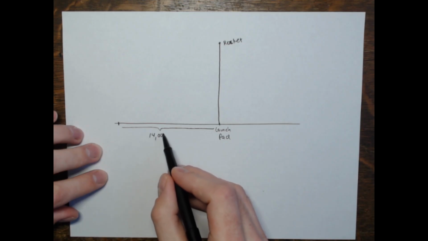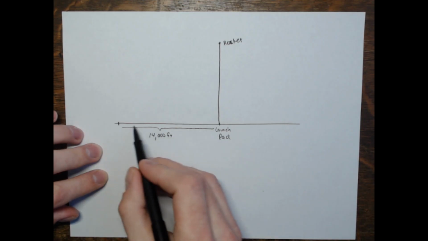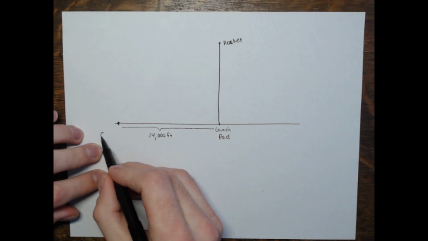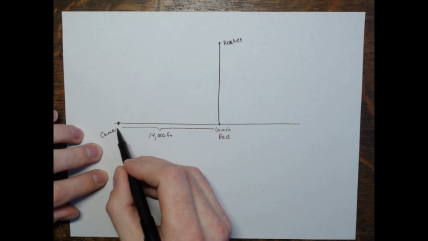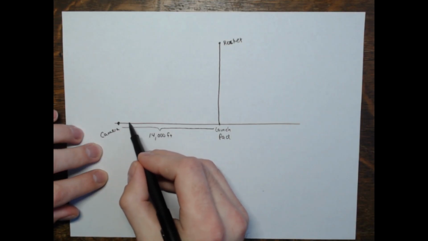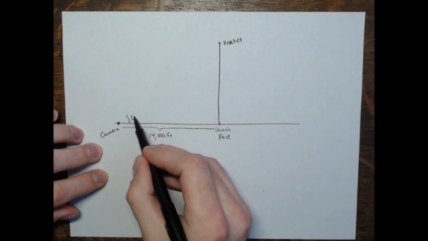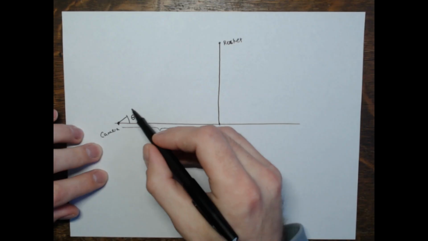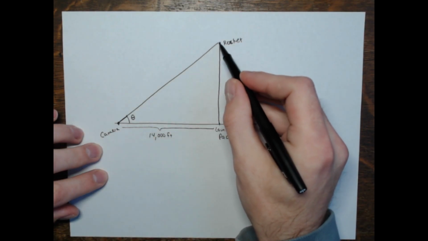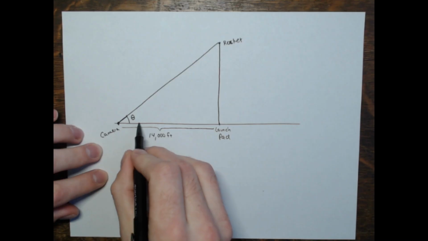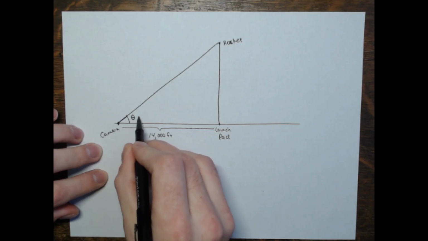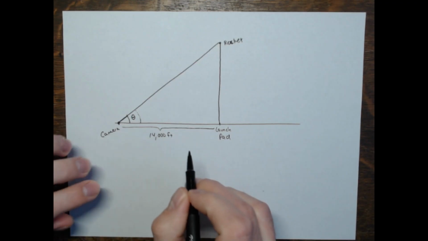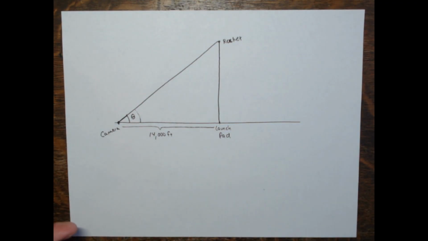So 14,000 feet away from the launch pad, there's this camera, and the camera keeps tilting. There's this angle of tilt, which I'll call theta, and it keeps tilting up and up and up to keep focused on the rocket, right? So it starts off down here and then keeps tilting upward, sweeping out this angle of theta to stay focused on the rocket.